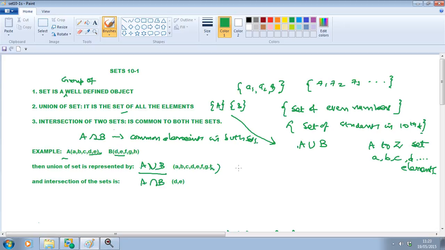A intersection B is the same as B intersection A, and A union B is the same as B union A.